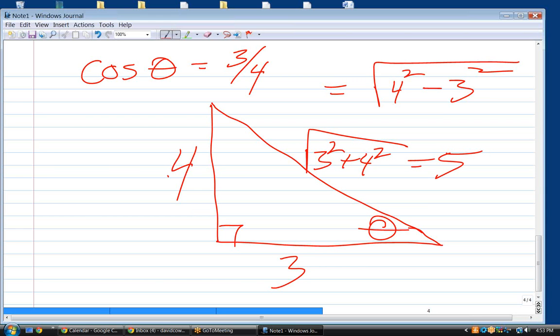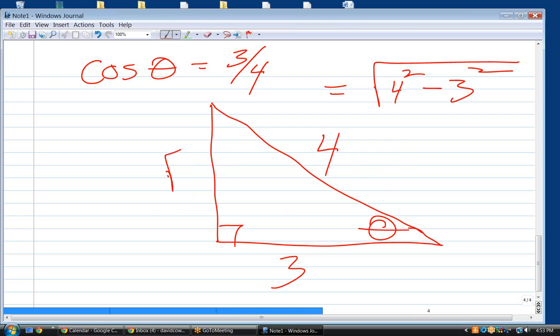But the answer still starts out square root of. And that's a really good thing to remember: if you're coming up with answers that aren't square root of, you're making a mistake. Back to our problem, 3 goes there, 4 goes there, square root of 7 goes there. Now you can answer all trig functions.